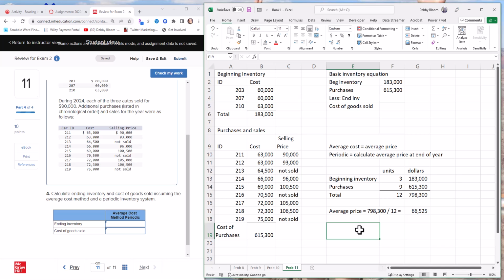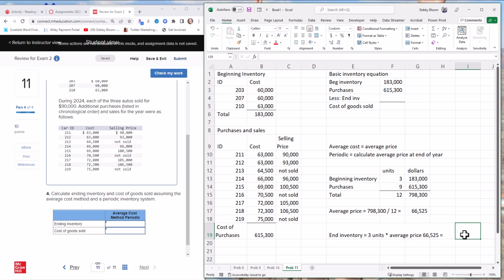So now, because it's periodic, I just value my ending inventory as the 3 units in ending inventory multiplied by the average price of $66,525.